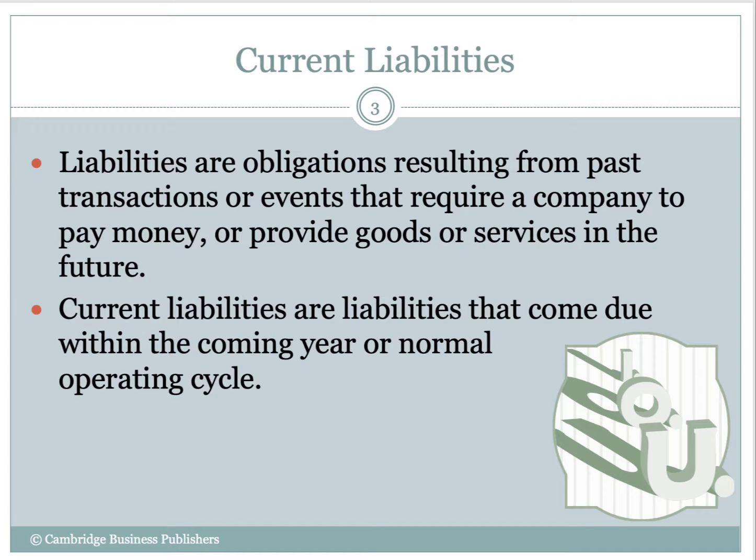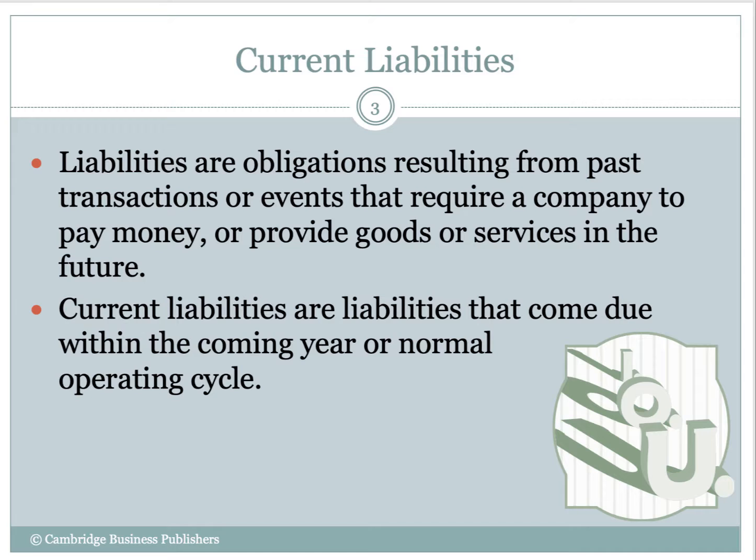Okay, so when we're looking at liabilities just in general, we have the FASB definition of liabilities: obligations that resulted from past transactions or events that require a company to either pay money or provide goods or services in the future.